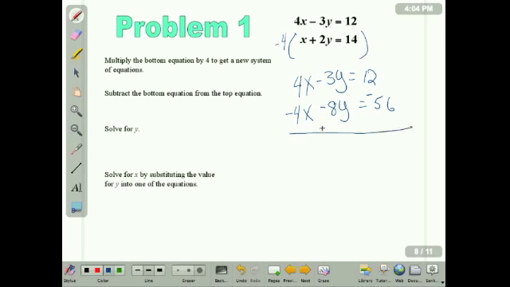At this point, I can combine, and I get a -11y equals a -48. Divide by -11.